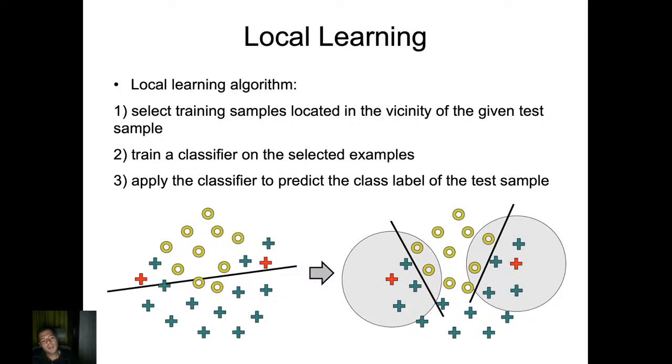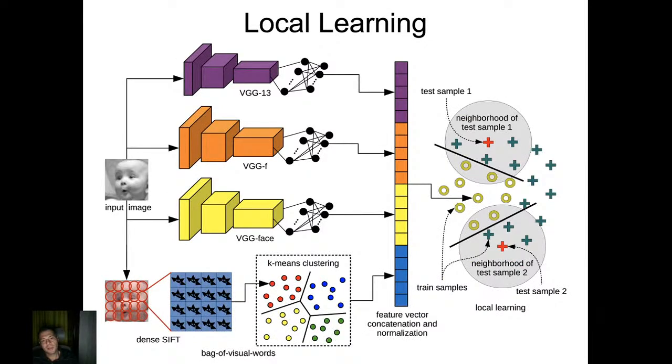So this is the main idea, and we used this idea in a paper on facial expression recognition. We combined different neural network architectures and also a handcrafted model based on the bag of visual words, and we combined all these features into a single vector.